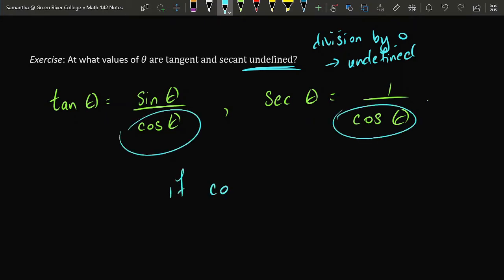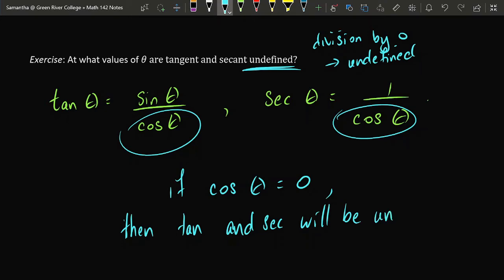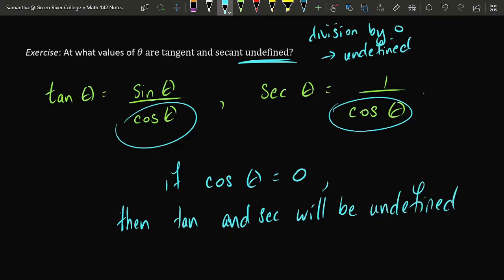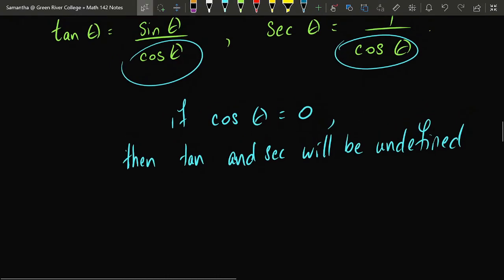So if that cosine ever ends up being equal to 0, then the quantities tangent and secant will end up being undefined, because if we divide by 0, you get an undefined quantity. So in answer to this question, let's try and figure out the angles that would cause this cosine in the denominator to be 0.